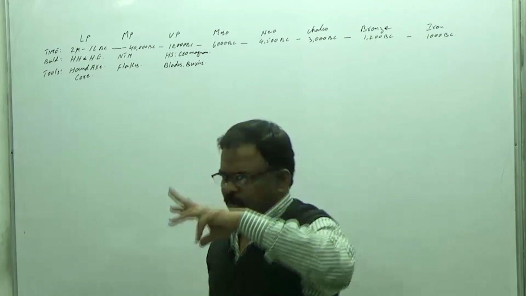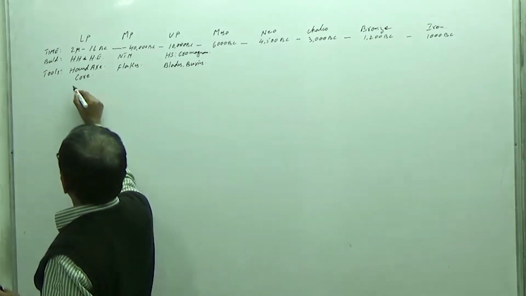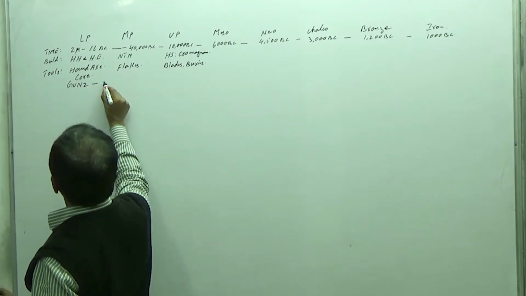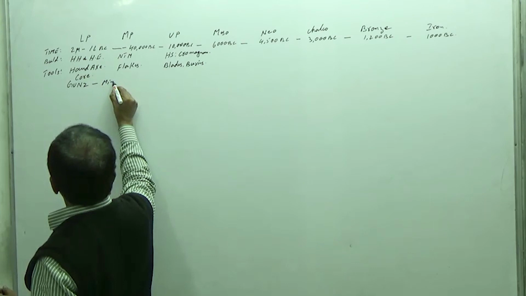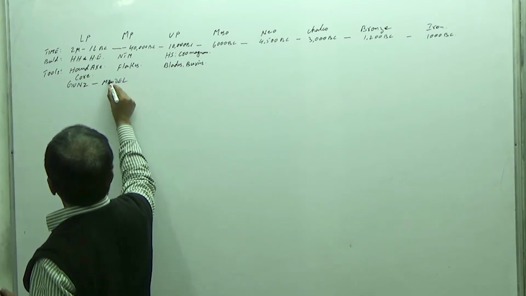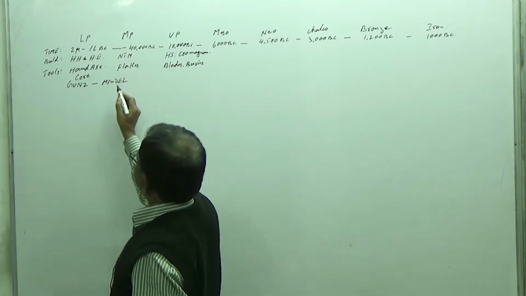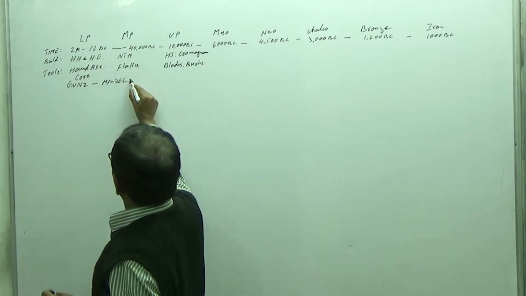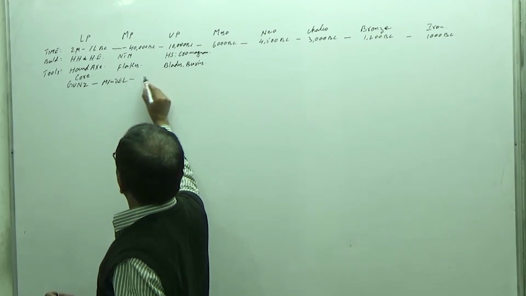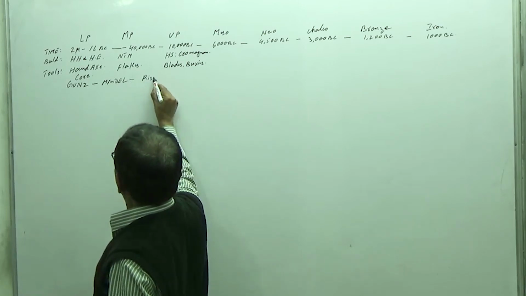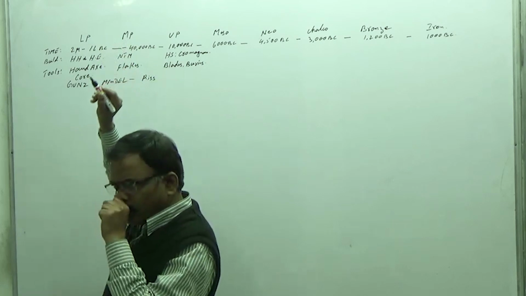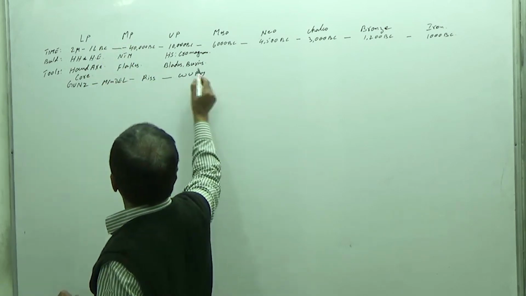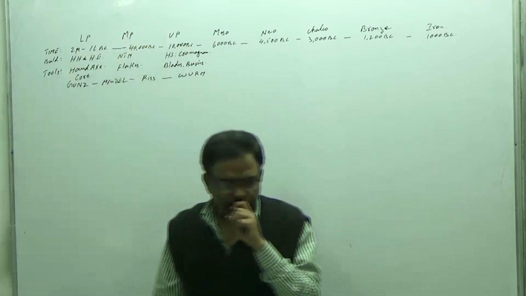What are they? Gunz to Mindel. This Gunz to Mindel period itself is known as Lower Paleolithic. Mindel to Riss is known as Middle Paleolithic. Riss to Würm itself is known as Upper Paleolithic.